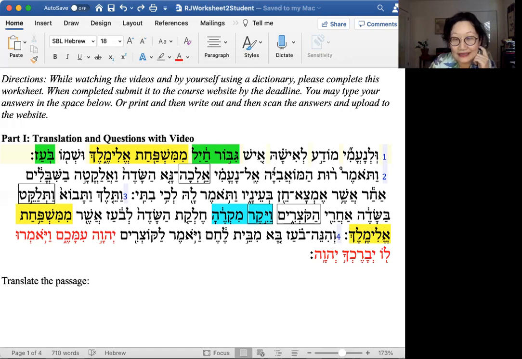And so why does the writer call him this? Notice how many things you find out about this guy, this gibor hayil, who will end up being Boaz. You find out that he's wealthy. You find out that he is strong. And the importance of strength in this text is that not only is he strong, but he is fertile.